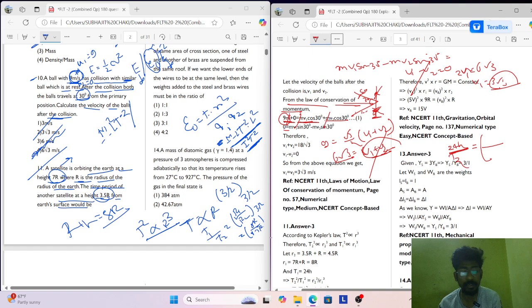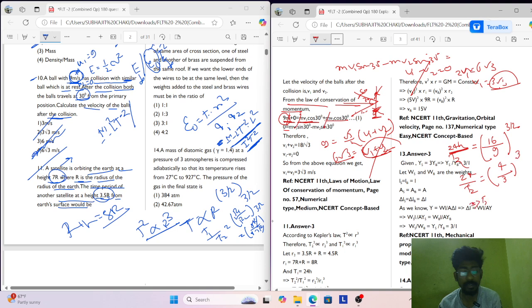Now r will cancel out here. So 80 by 45 means 16 by 9, right? To the power 3 by 2 equals 24 by T2. That means half means root over, so 4 by 3 cubed.